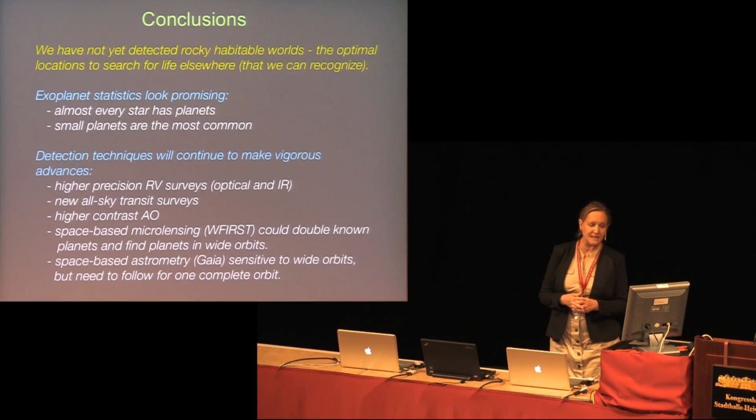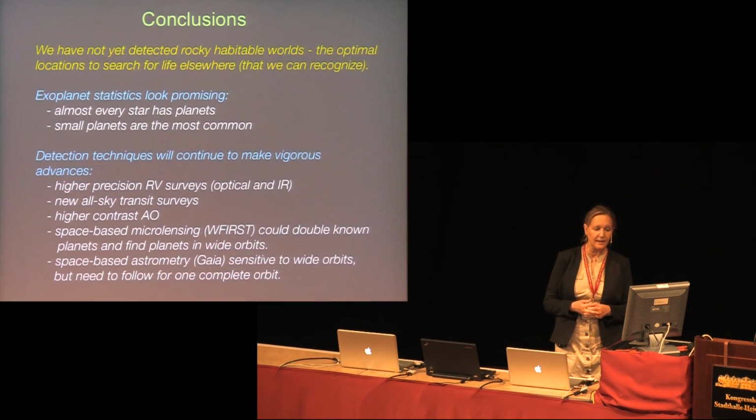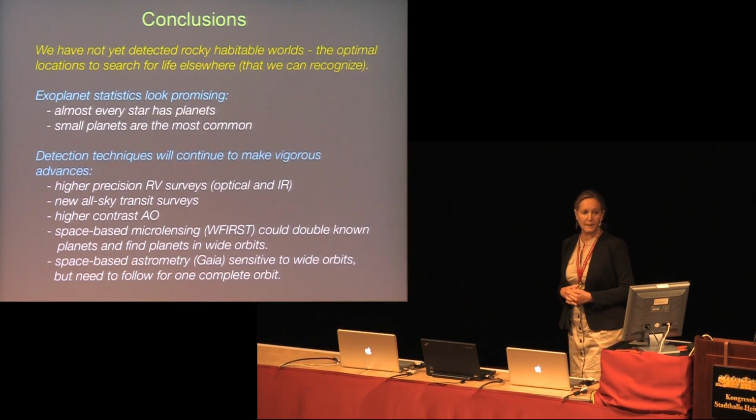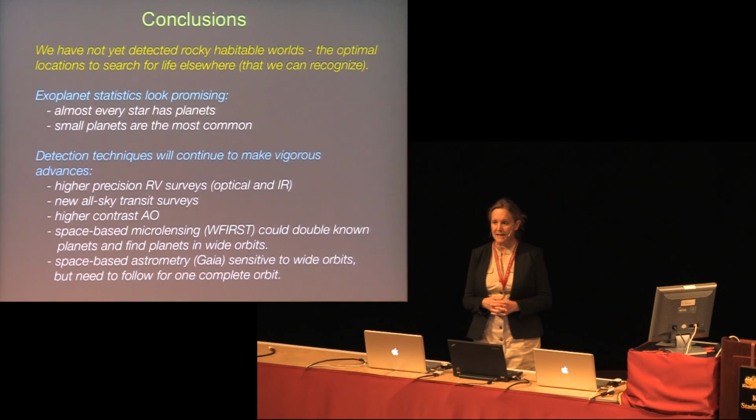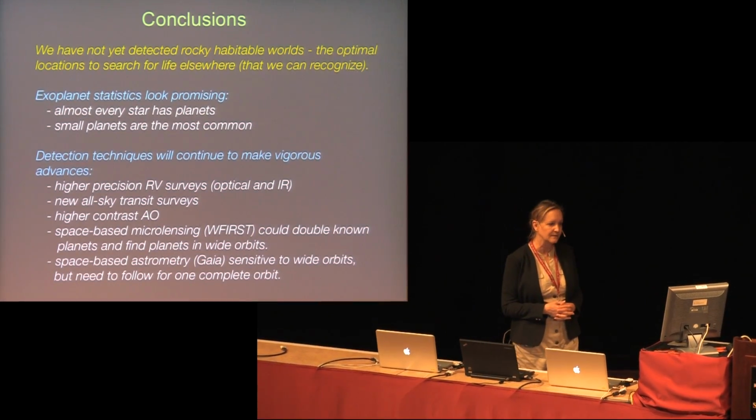And then space-based astrometry, Gaia in particular, will be sensitive to very wide orbits, but we'll need to follow them for the complete orbit. So we still have a lot of work to do, and it promises to be a very dynamic future for exoplanet detection. Thank you.